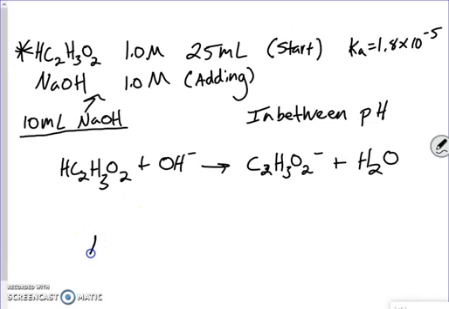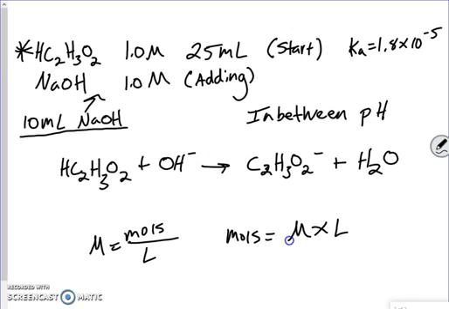And if you remember, molarity equals moles over liters. So if we're trying to calculate moles, moles is going to equal molarity times liters. So what we can do is take our molarities and multiply it by our liter values. Please remember, these are typically in milliliters.